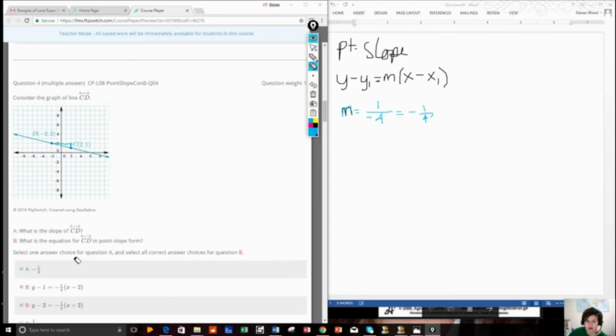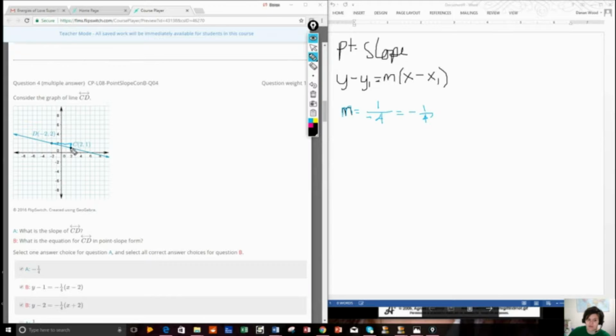Now select what is the equation for CD in point slope form. Okay, well, here's my slope, so I'm going to use that in the place of m. And I'm going to write two equations because I can write more than two equations, but I'm going to write two right now because they give me 2 points.